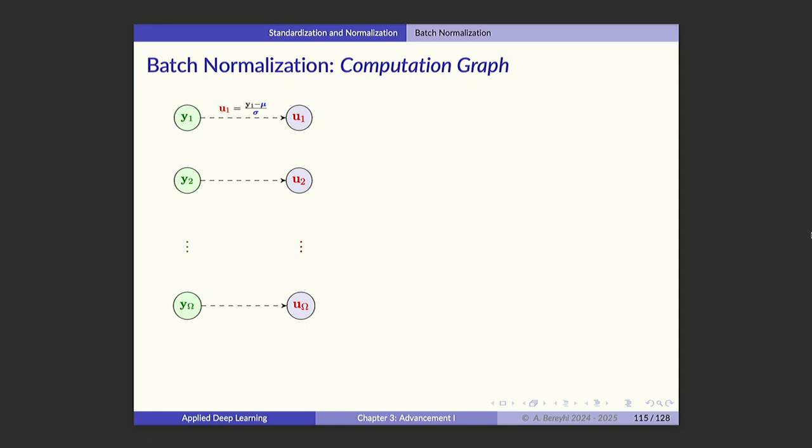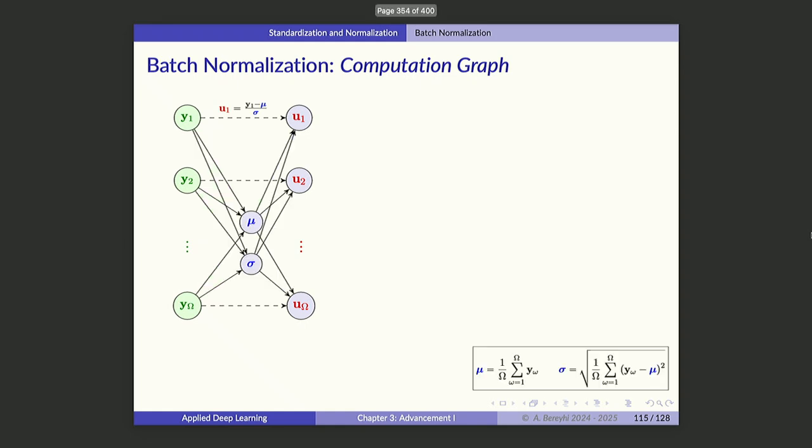If you are in one particular layer, you have m different samples inside your mini batch, and all of them arrive. After they arrive, you compute the mean value and standard deviation, and those depend on all of these samples.